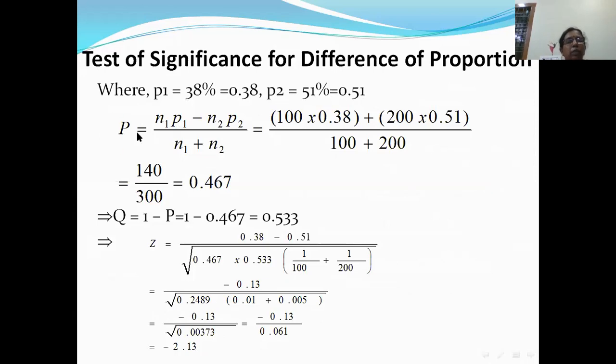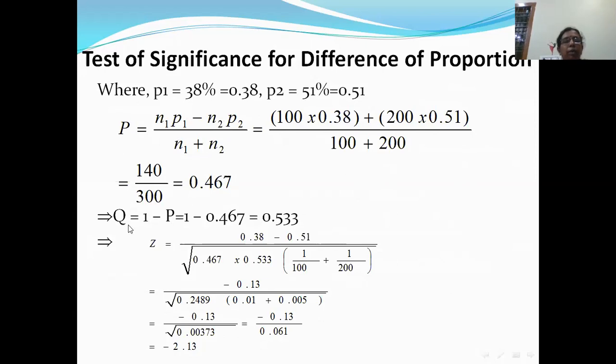So we'll find the pooled estimate value of capital P, (N1 P1 plus N2 P2) by (N1 plus N2). So (100 into 0.38 plus 200 into 0.51) by (100 plus 200). When you simplify this, you will get 0.467. Then capital Q is 1 minus P, which is equal to 0.533.